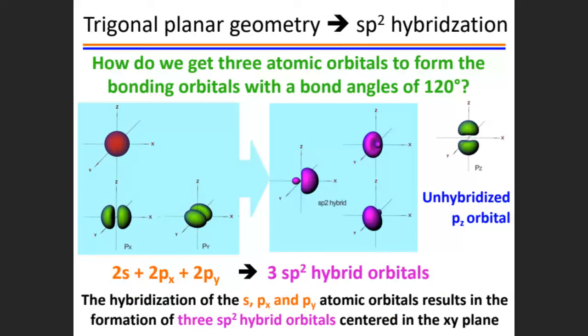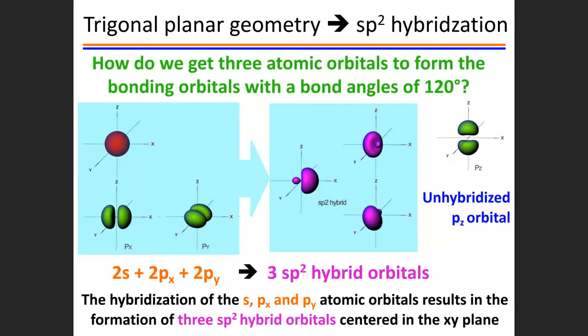Next, now see, in this case what will happen? 2s, 2px and 2py, so it will be total 6. How? Like 1s, 1p, another s, another p. So spx, spy, again spx, spy.